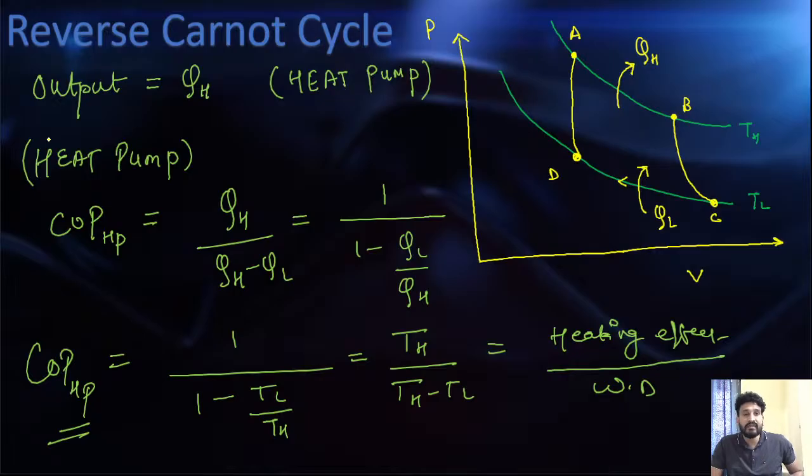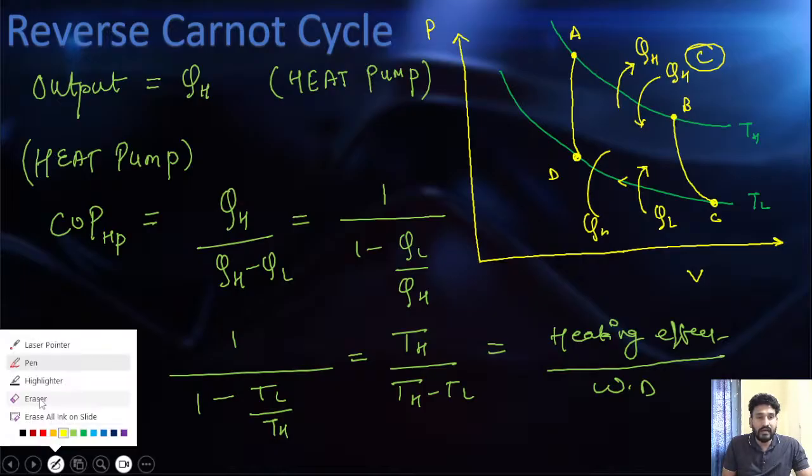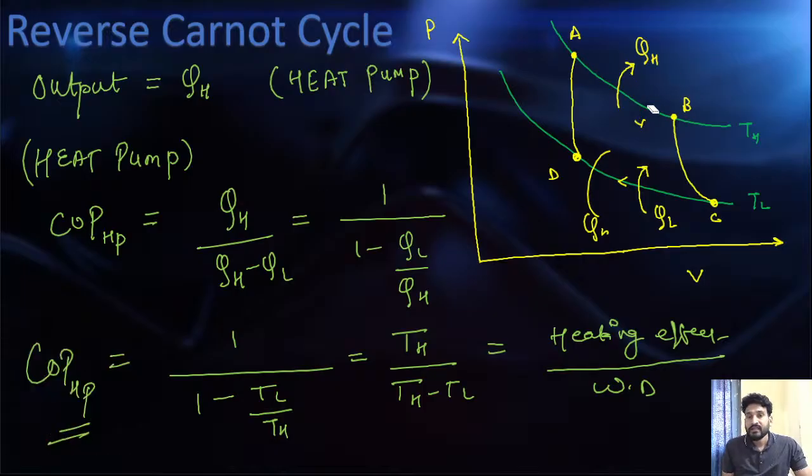After that, we discussed the reverse Carnot cycle. What is basically the Carnot cycle? In the Carnot cycle, we are giving some heat and we are rejecting heat to the sink. What is the meaning of reverse? The meaning of reverse is just reversing the direction of the heats.